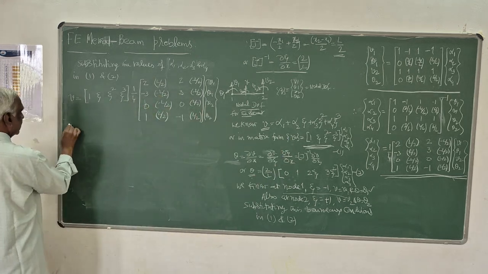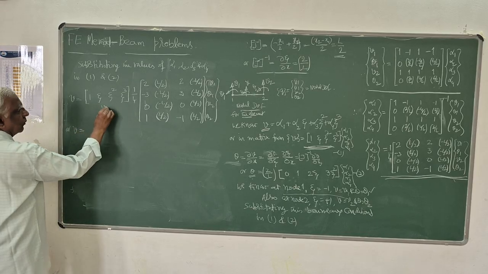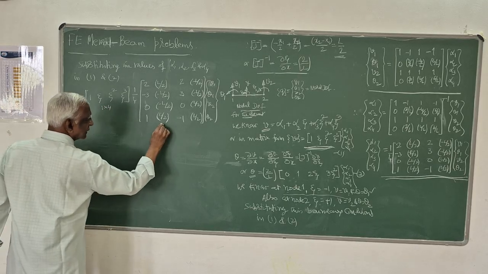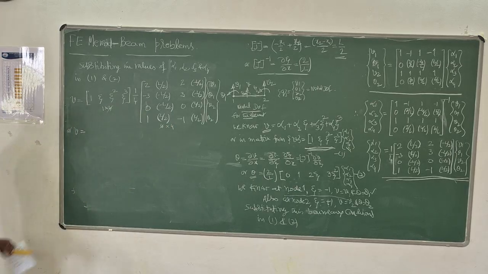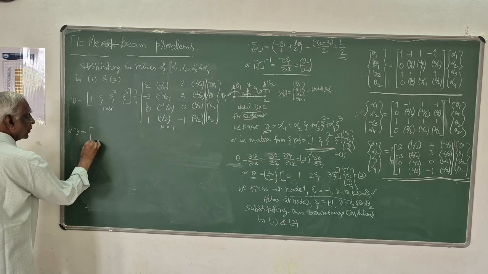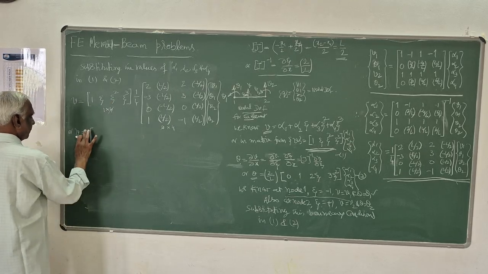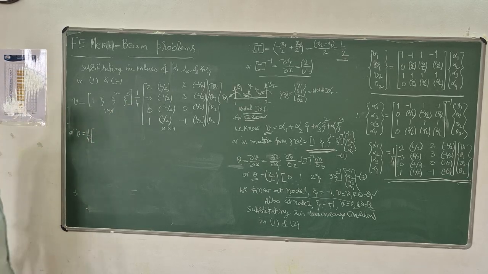So you will get v equals, this is a 1 by 4 matrix, this is a 4 by 4 matrix. If you multiply, you will get a 1 by 4 matrix. I will keep this 1 by 4 as it is.